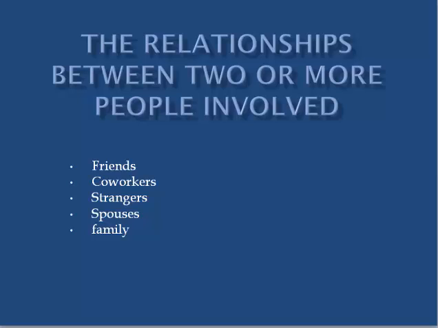Now, if a stranger walks up to you and gives you a hug, or a coworker gives you a hug, that probably can cause a conflict, because the relationship you have between each other doesn't allow them to come up and give that behavior act to you.